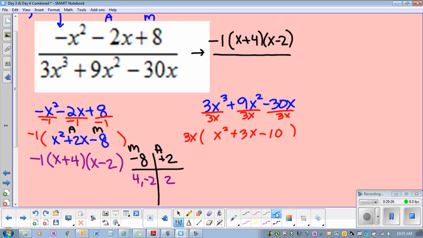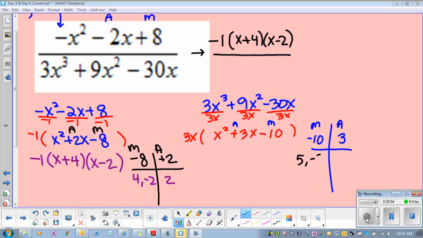And then you can just do your plain old AM, just like we were doing before, right? Two numbers that multiply to -10 and adds to give me a +3. What are they? Five and -2.